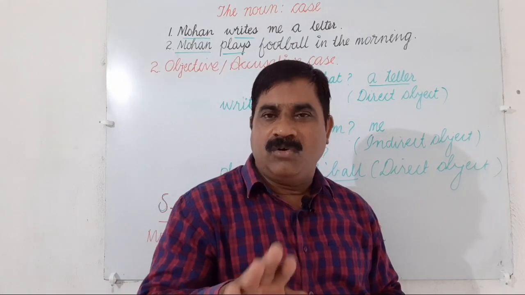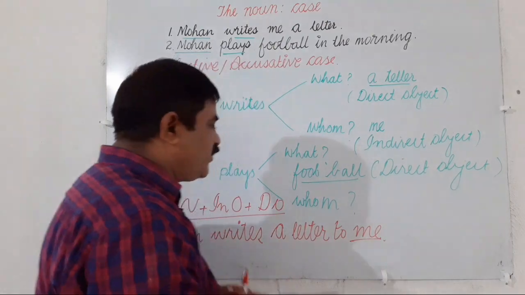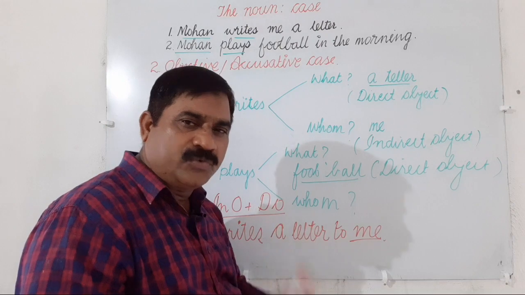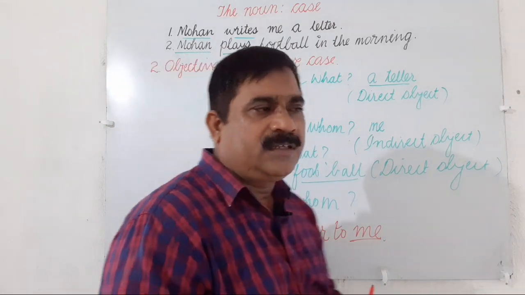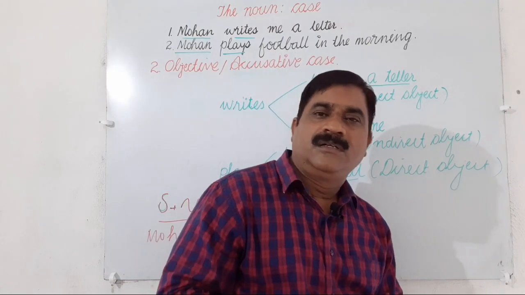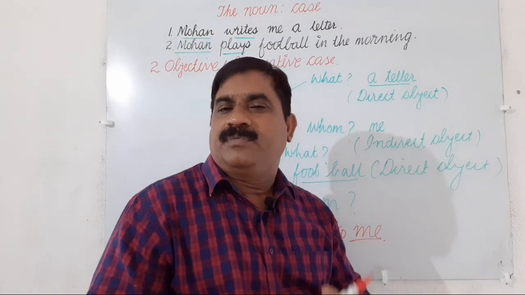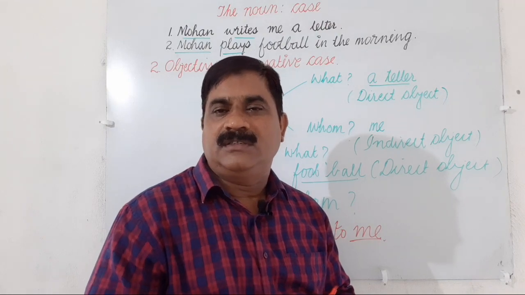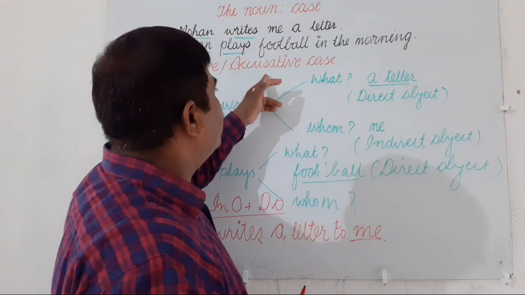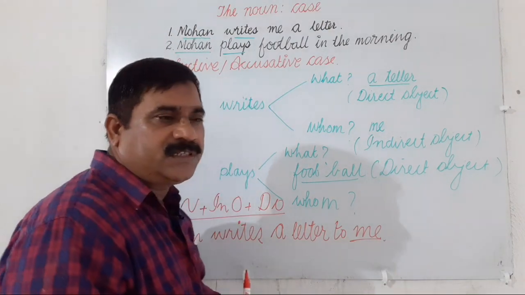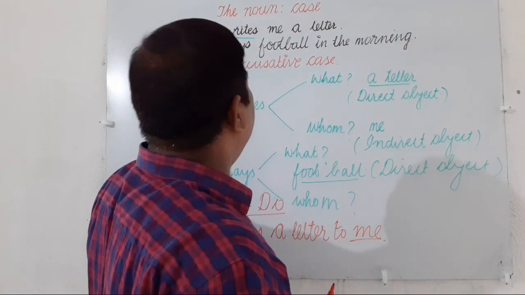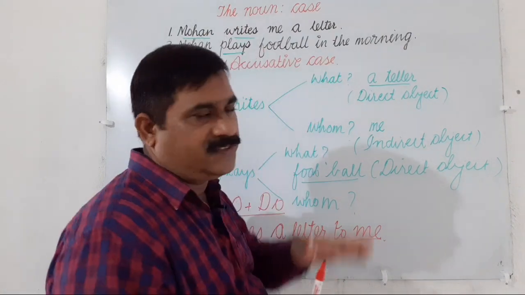Okay, again, let me tell you, when a noun is used as an object of the verb, it is called objective or accusative case. It is said to be in the objective or accusative case.